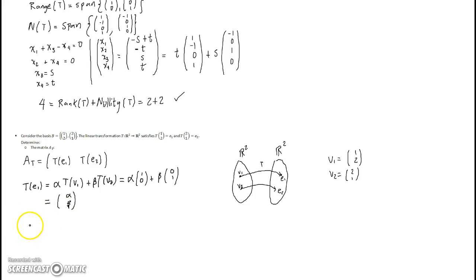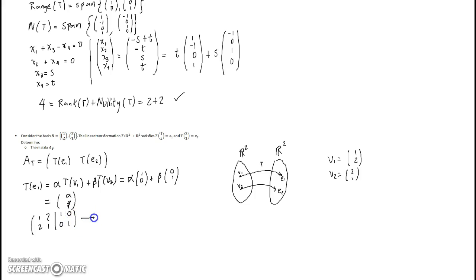To do that, all I have to do is solve the system of equations, in this case [1, 2; 2, 1], and I would have to augment it with (1, 0). That would be to get E1. Then I have to do the same thing for E2, so might as well do it in the same calculation.